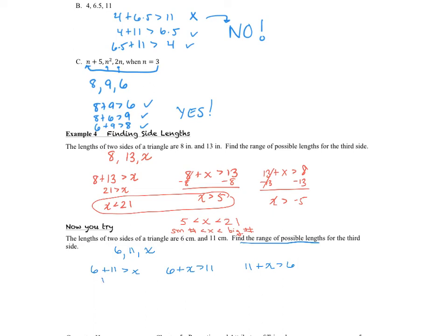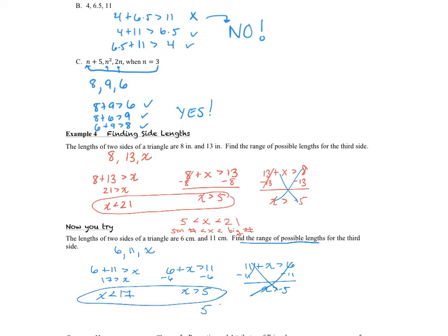We can solve these. We get 17 is greater than x, which is really x is less than 17. Subtract 6 from both sides. We get x is greater than 5. And here's where I end up with my negative one that I'm not going to use. x is greater than negative 5. So this one's out. And we have our small number less than x less than our big number. So 5 is less than x, which is less than 17.